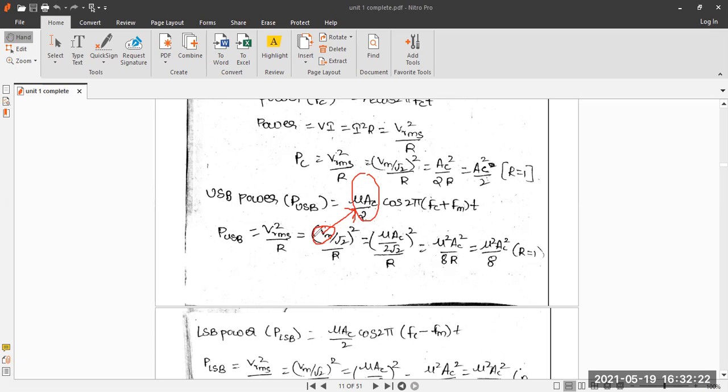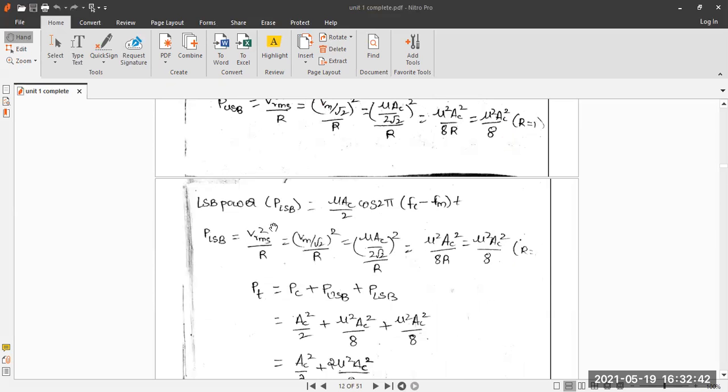Substitute mu AC by 2 for VM, with the root, by R. So we get mu square AC square by 8, where R equal to 1. Similarly, for the lower side band we also get mu square AC square by 8.